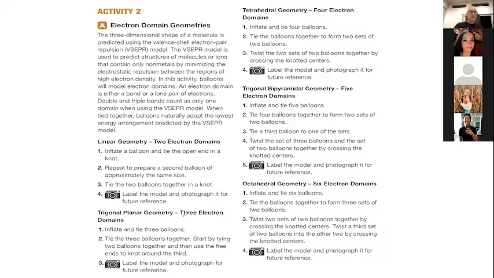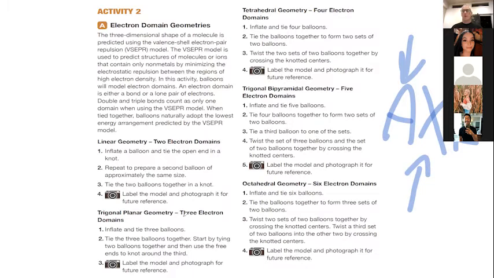All you need to do is figure out who's the central atom. We use the AXE body spray rule. A is the central atom. X is the total number of bonds around it. And E is the total number of lone pairs of electrons around it. And then you figure out using this formula what shape it's going to be.